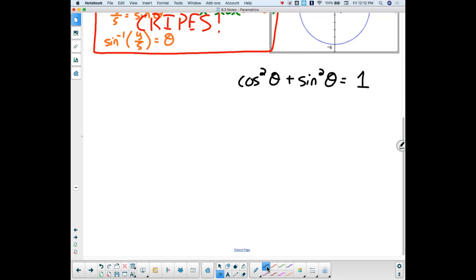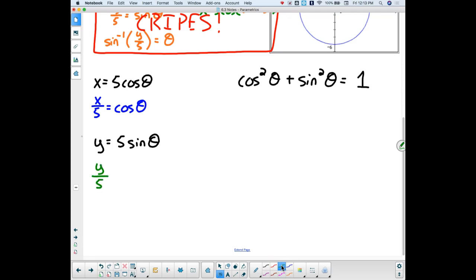So what if I took x equals 5 cosine of theta and I said x over 5 equals the cosine of theta? Would that be legal? And what if I took y equals 5 sine of theta, and I divided by 5, and I said that's y divided by 5 equals the sine of theta.